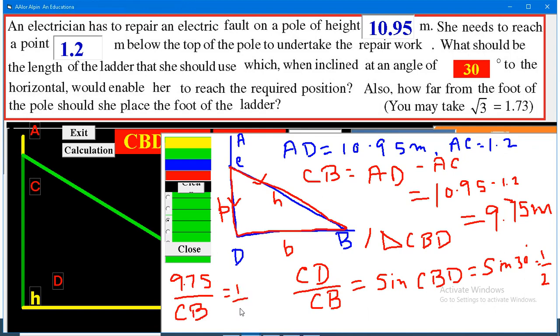So I am getting CB is equal to 9.75 into 2. Here you can do the multiplication yourself.